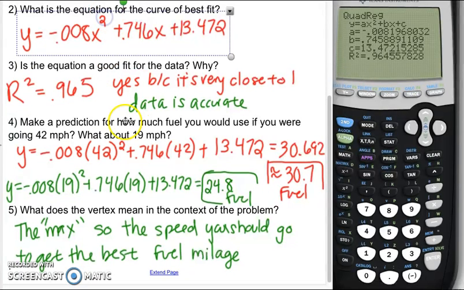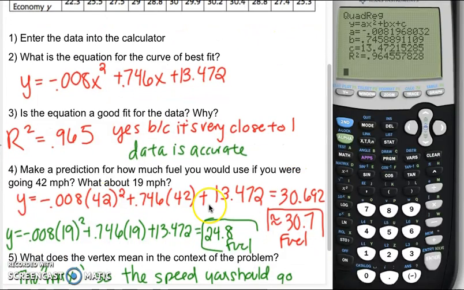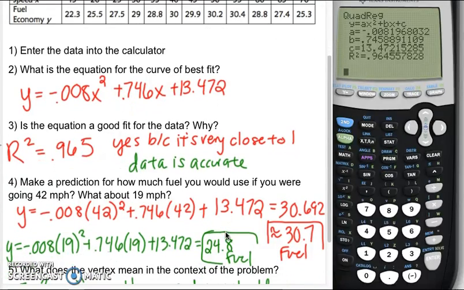People make mistakes right here when they forget to type in the squared. So make sure you type in the squared after you input your first x value, but not with the second. Okay. So when you plug in 42 in your first equation, you get about 30.7 fuel economy. I rounded to 1 decimal place because I looked in this table and saw they all had 1 decimal place. Okay. Again, on the second one, I plugged in 19. And I got 24.8 for my fuel economy.